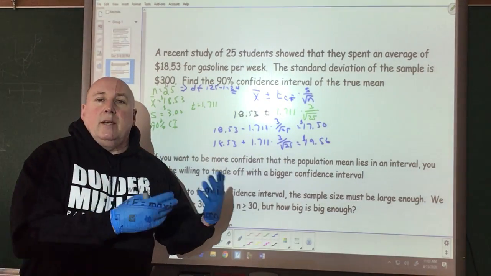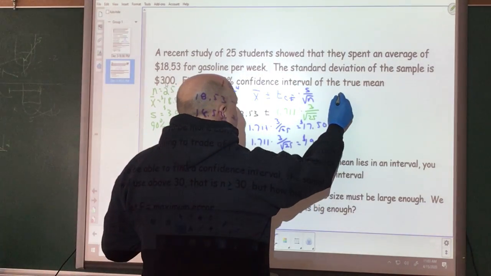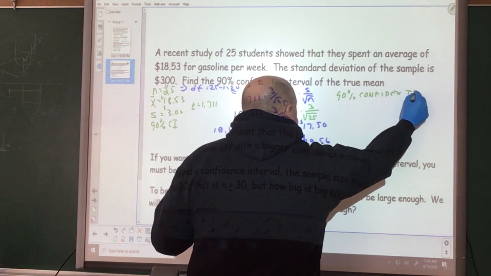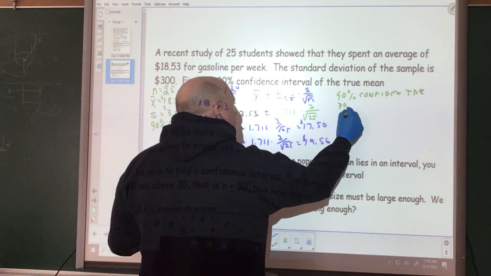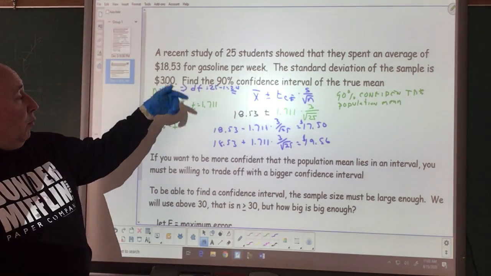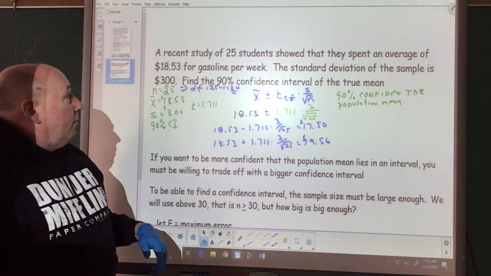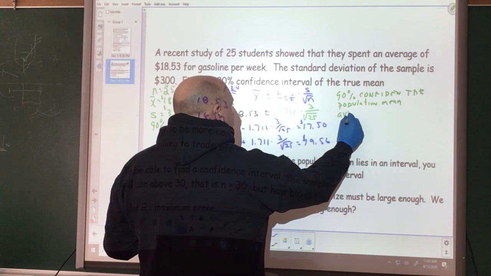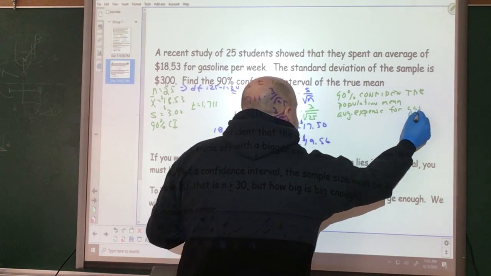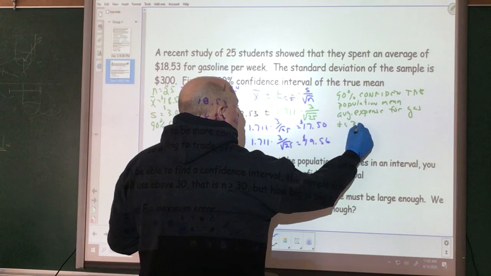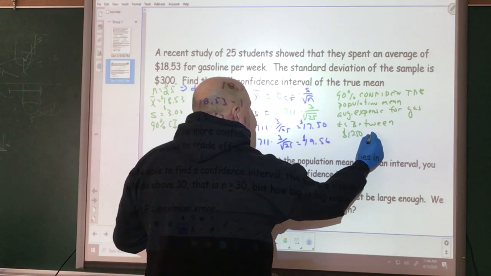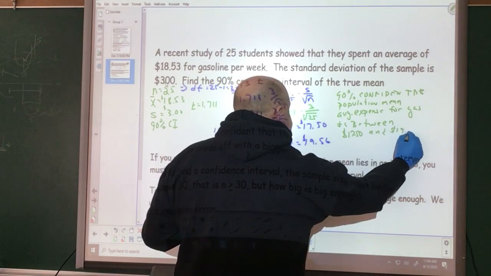Now, the last thing, once again, we always have to write our statement at the very end. We are 90% confident the population mean for the average expense for gas is between $17.50 and $19.56.